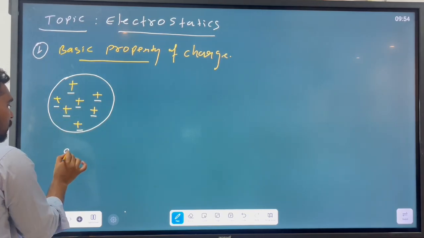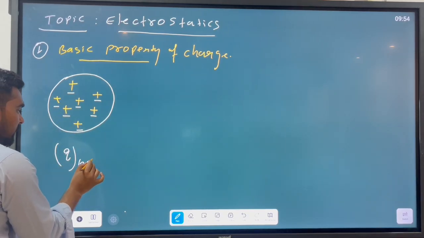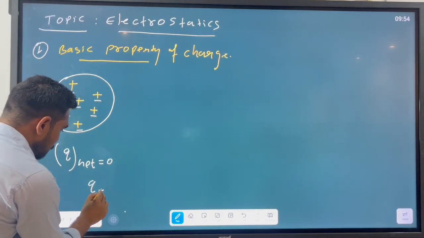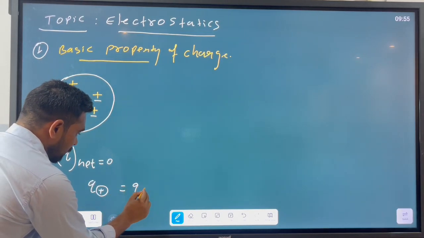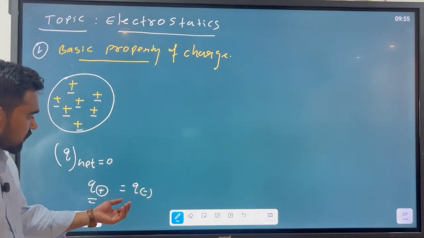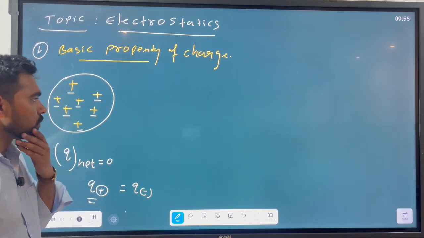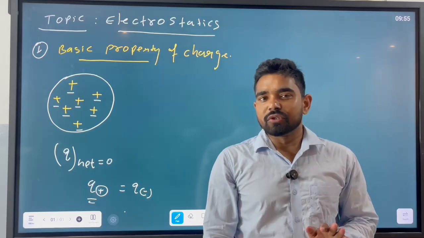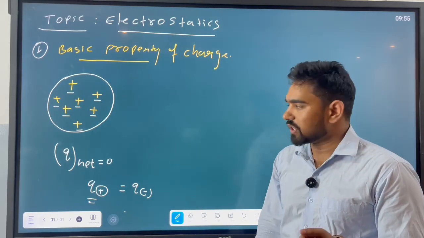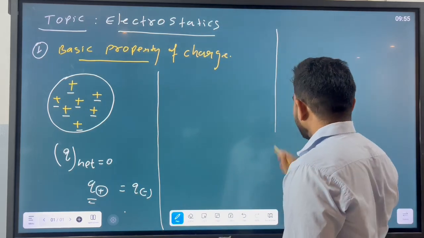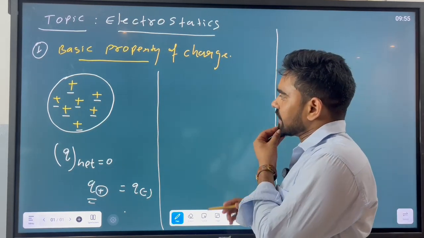The total charge of the body is equal to 0 because the value of positive charge is equal to the value of negative charge. So there is no net charge on the object.